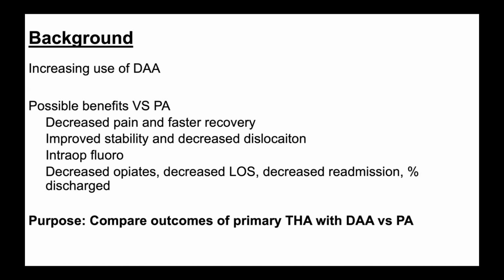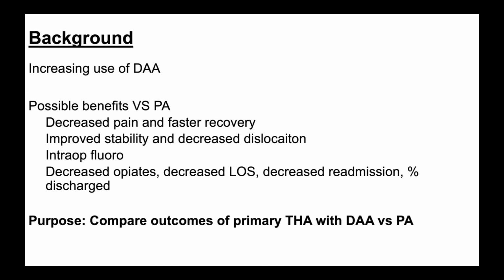Some may say there's less pain and a faster recovery, given you're doing a muscle sparing approach instead of splitting through your glute muscles as in the posterior approach. Others may argue there's greater stability and decreased risk of dislocation, with the same phenomenon of not having to cut through all that muscle coming into the hip joint.